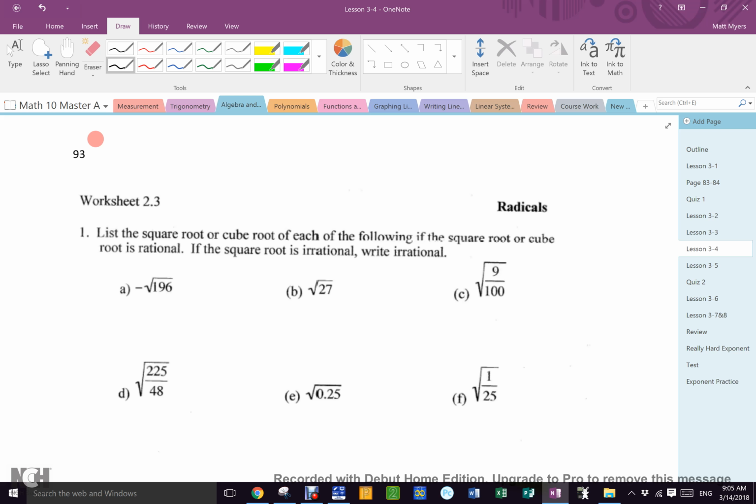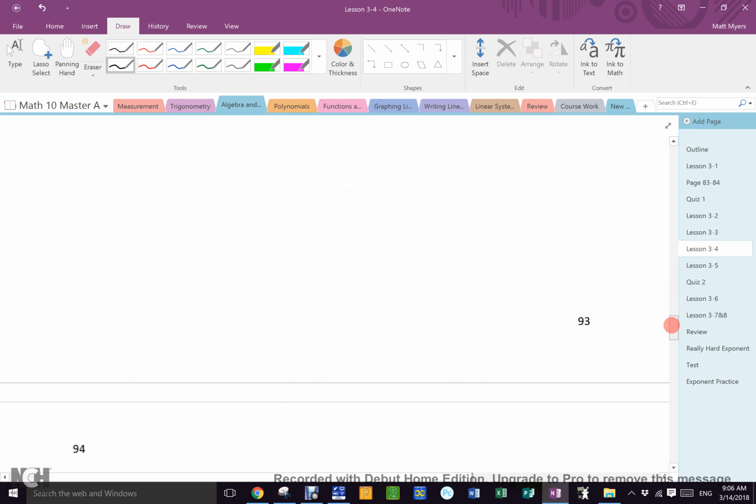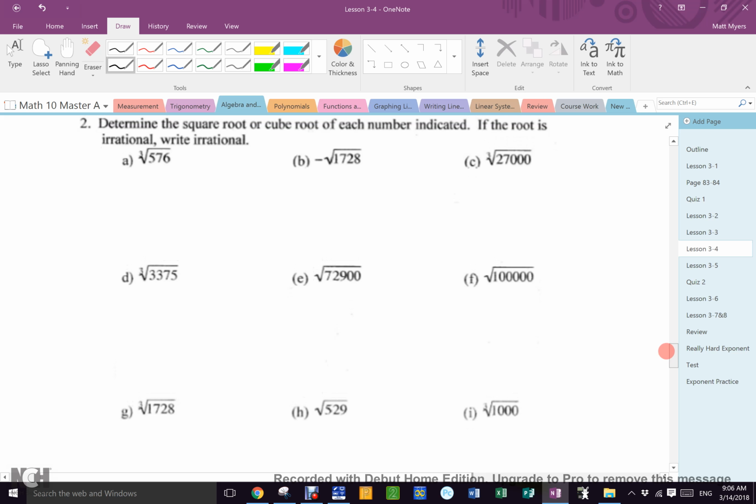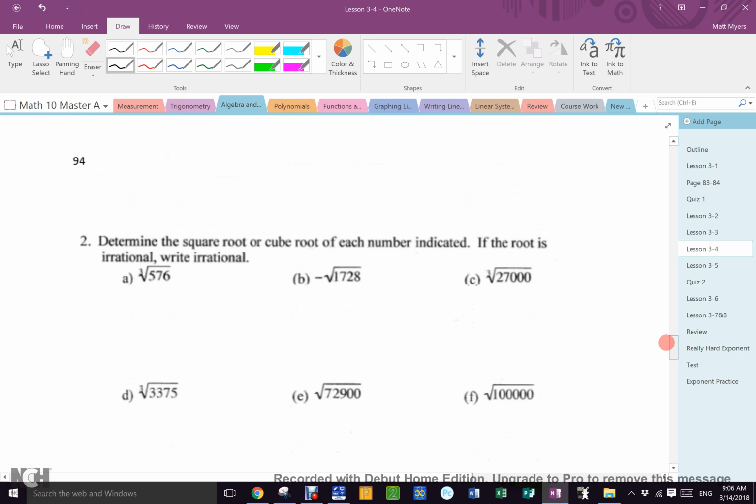If it doesn't end, it's irrational. So page 93, go ahead and use your calculator. On page 94, you can use your calculator to see if it's rational or not, but I would rather you didn't. If it's irrational, then I want to see an estimate, like from our notes, what we just did.